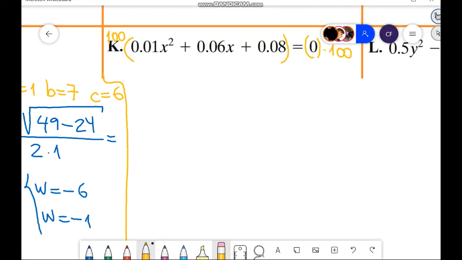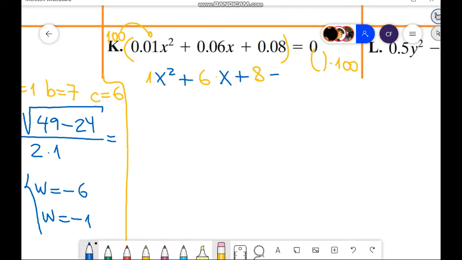Because when you multiply 100 by 0.01, you're going to have 1. 1x squared plus multiply 100 by 0.06, and you have 6 times x, and multiply 100 by 0.08, you have 8 equals 0, right? You can identify A, B, and C easily now.